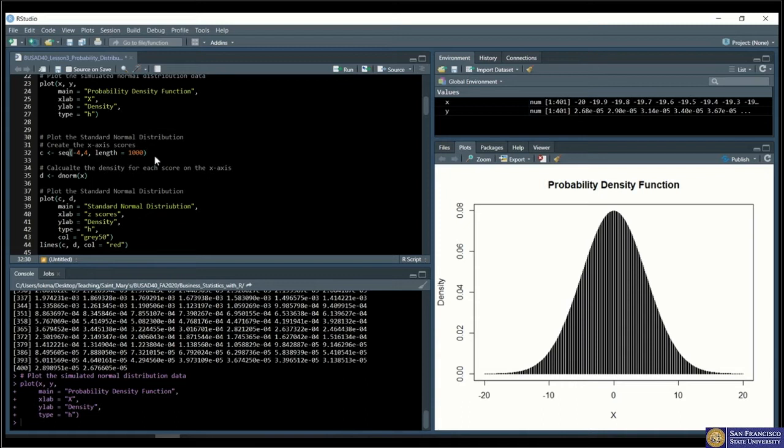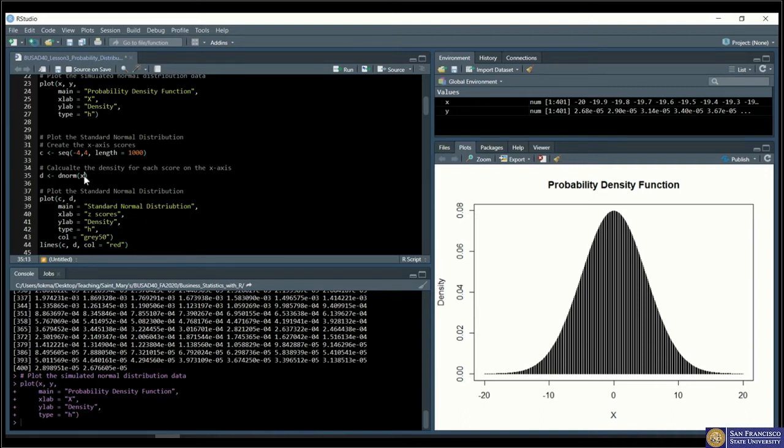I'm going to create a new sequence here, which is our x-axis value. It will go from -4 to 4, and it has a length of 1000. That means I'm creating 1000 points between -4 and 4. I'm going to use exactly the same function, the dnorm function, but this time I'm not defining the mean and the standard deviation in this function.